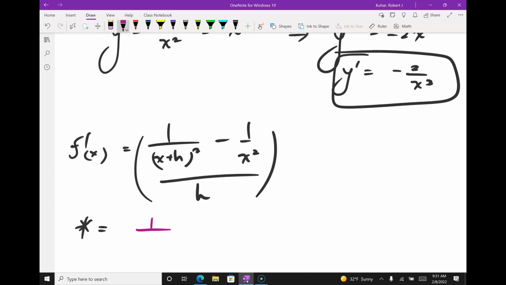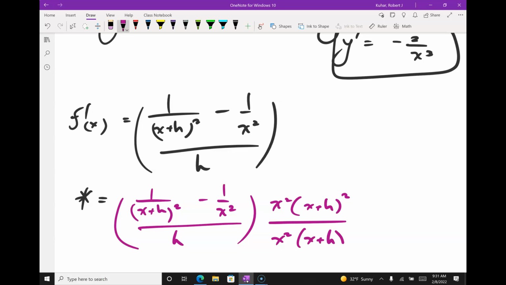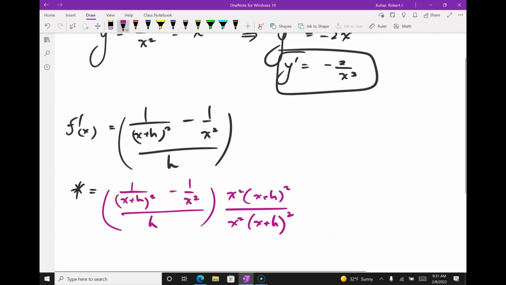I need an LCD, right? Yes, you with me? So I can see I have two denominators of x squared and x plus h quantity squared. And I'm multiplying by 1. Yes, you with me? Stop me now, please, if you need anything.